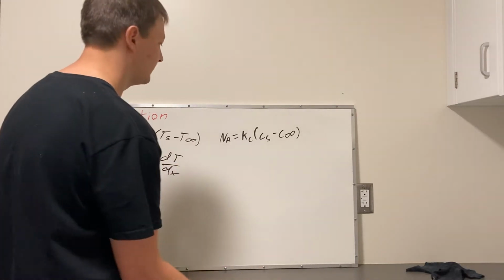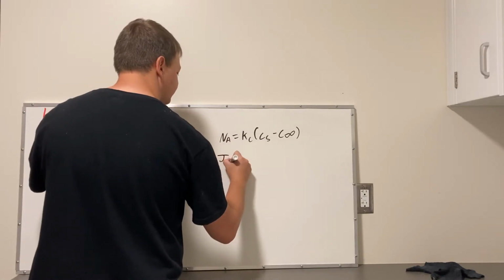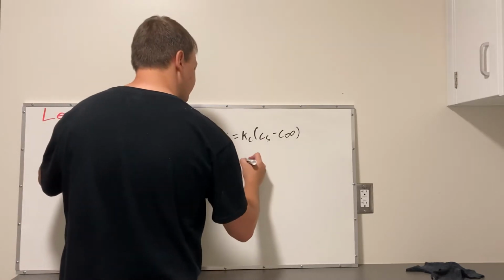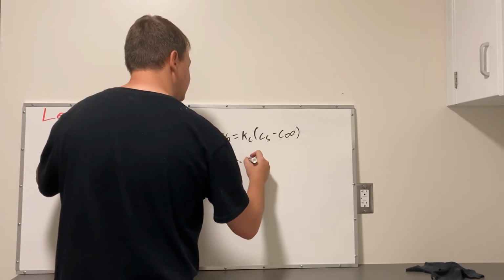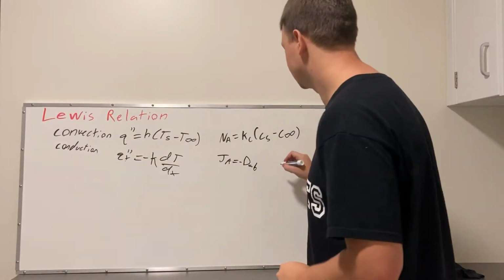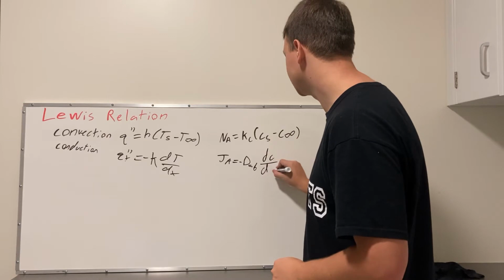And for the mass part, you have the mass diffusivity, which is the diffusivity constant times the change in concentration over the change in position.